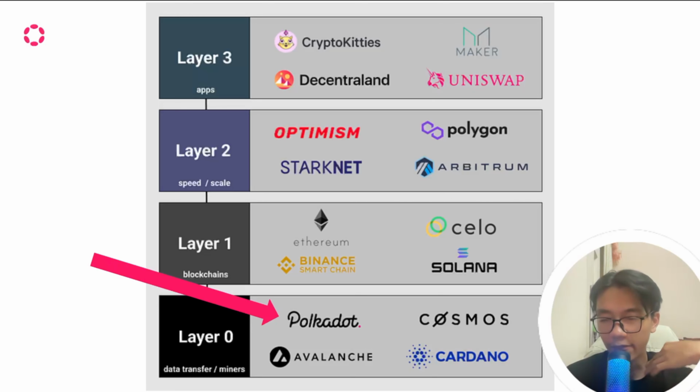Aside from that, we also have different layers of the blockchain architecture. Polkadot is categorized as a layer 0 infrastructure, which allows you to build layer 1 on top, and layer 2 on top of that. On layer 1, we have Ethereum, Solana, or Binance Smart Chain, which are widely well known.